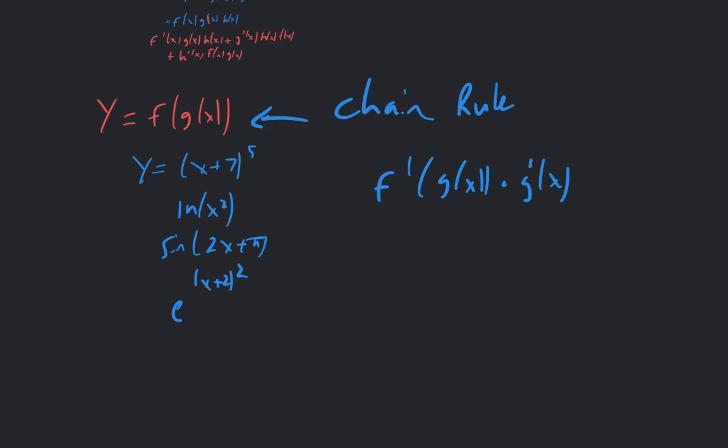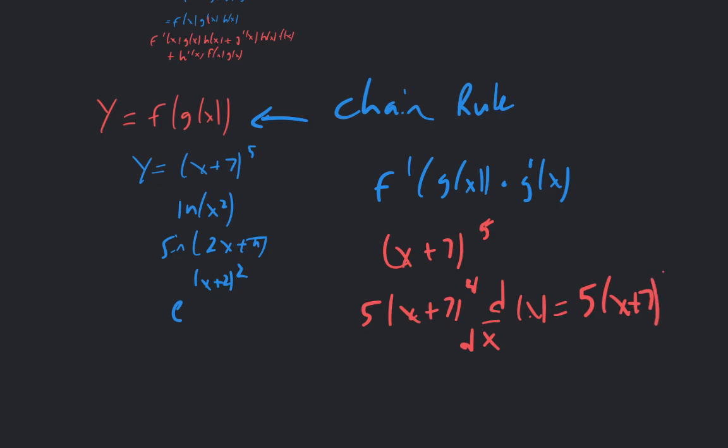So for x plus 7 to the 5, we take 5 times x plus 7 and bring that number down to the 4, and then multiply by the derivative of x, which is just 1, so that would just be 5 times x plus 7 to the 4.